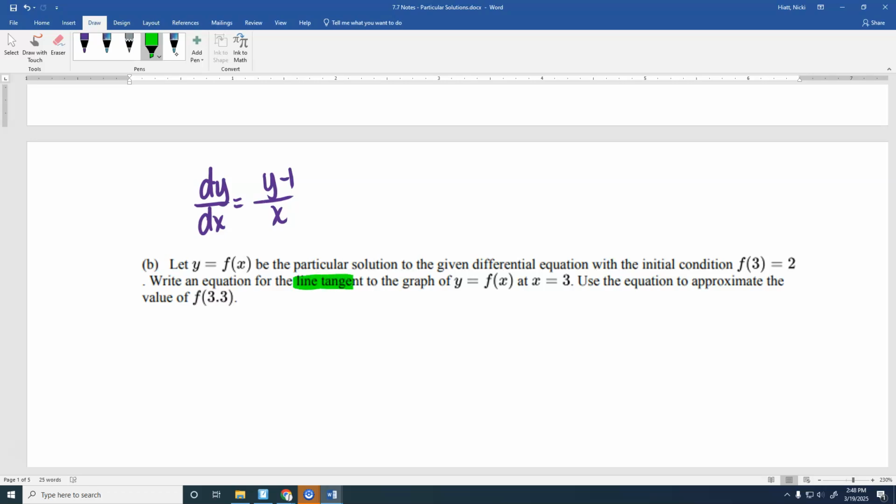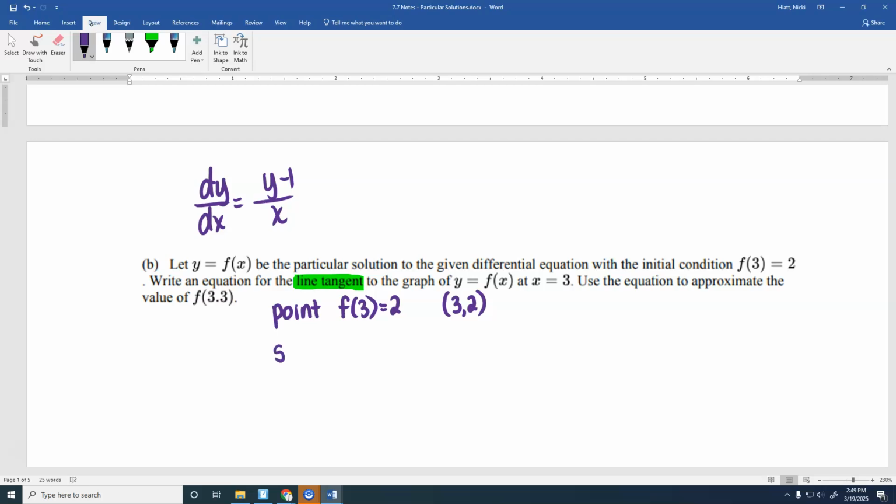So you're looking for that line tangent. What do we need for a tangent line? This is one of those things that's old, but we were pretty good at it at the time. We need a point, which would be our f of 3 equals 2 that is given. So that's the point 3, 2.